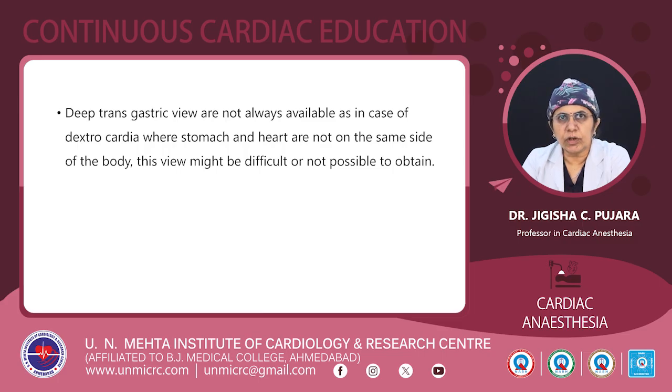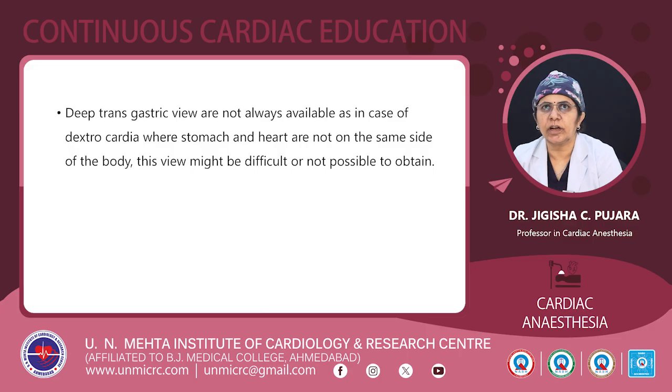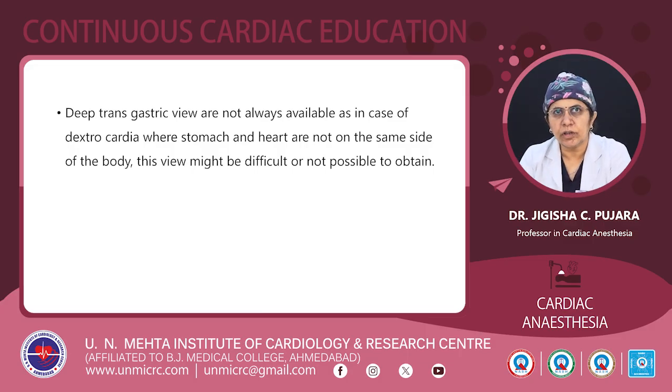Deep transgastric views are not always available. Remember that in congenital heart disease, it is not only one portion that is a problem; there are some other associated anomalies, and sometimes the deep transgastric view cannot be obtained, as in dextrocardia, where the stomach and heart are not on the same side of the body.